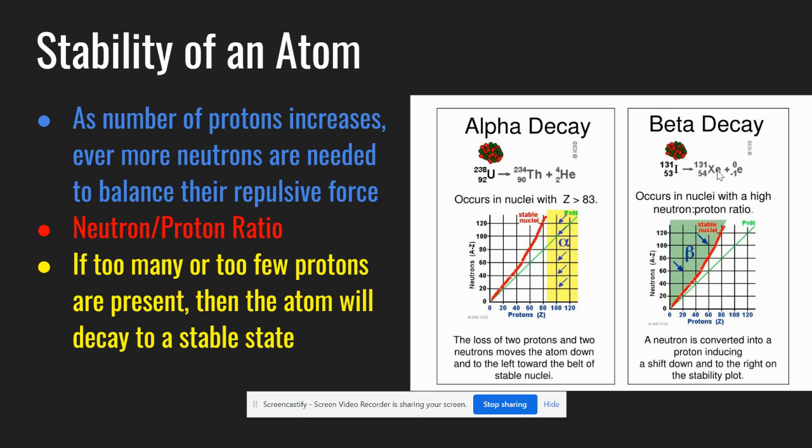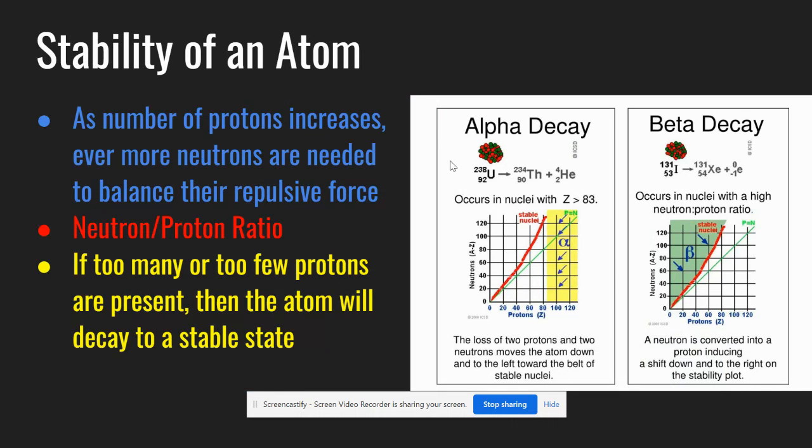And it is a new element, and then also this other particle here. So for the alpha decay, when it decays, it moves the atom down and leftward on that stability curve, and in beta decay, it moves it down and rightward to get more stable.